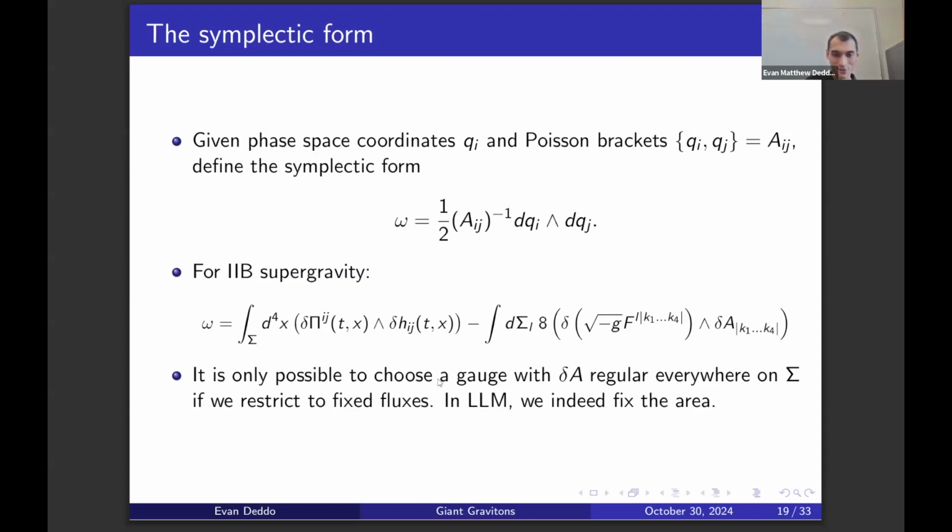Otherwise, we won't have the possibility to choose this gauge. As I mentioned before, fixed fluxes correspond to fixed area, and we already expect that in LLM we want to fix the area, capital N, because we're working at fixed N and then doing this expansion. So this makes sense.